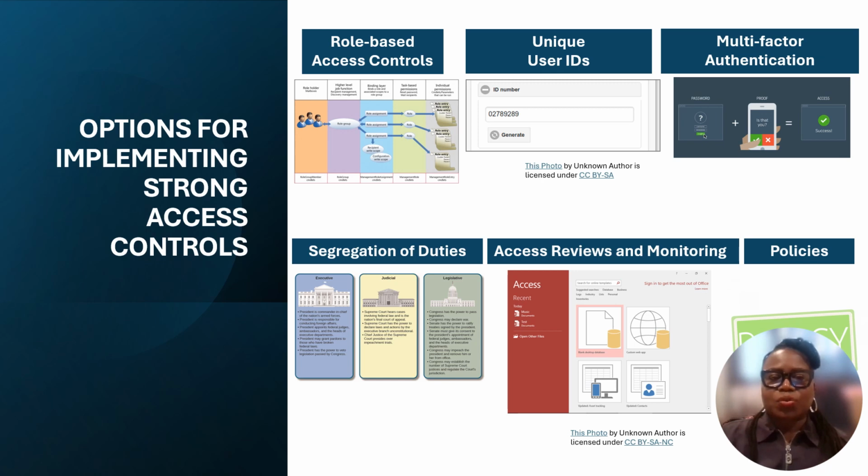Strong access controls also include multi-factor authentication. So here's where we're looking at those who have access to a system or access to data have that unique ID. They're able to be authenticated based on at least two different factors. So by a password or passphrase, a token, biometrics, or some type of smart card.